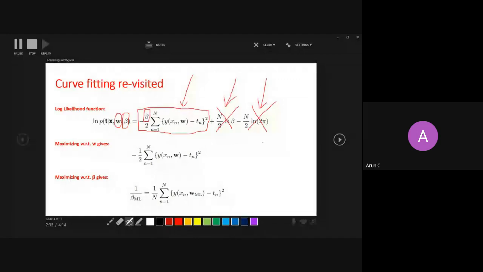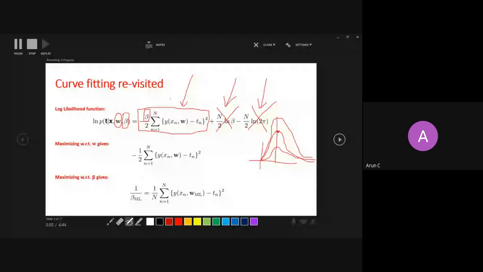For example, I have this function and I multiply it with half, 0.5, so I get this function. Or if I multiply this function with 2, I just get double of it, right? But you see that the maximum of the original function occurs at the same place. The parameter values will be the same for all scaled versions.